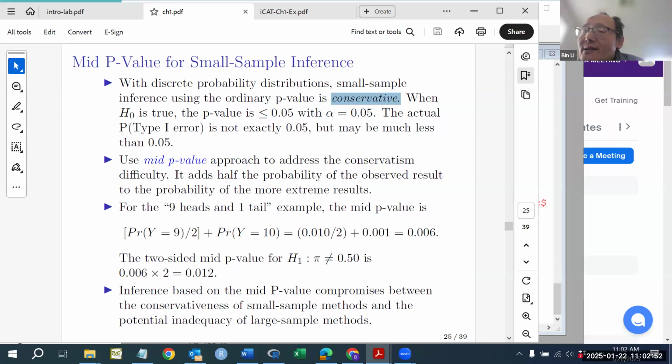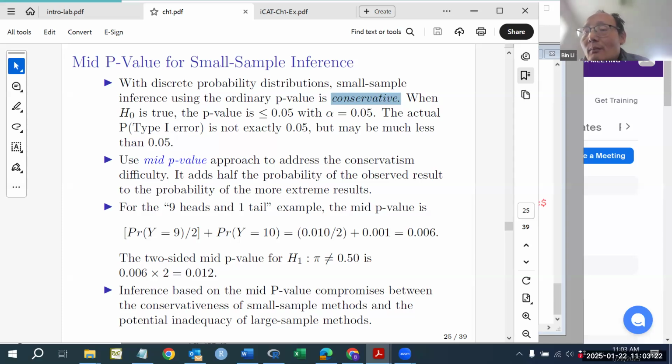A test is conservative means that given the null hypothesis is true, the probability of rejecting the null hypothesis is actually less than the nominal alpha value. So that's how we say this is a conservative test.